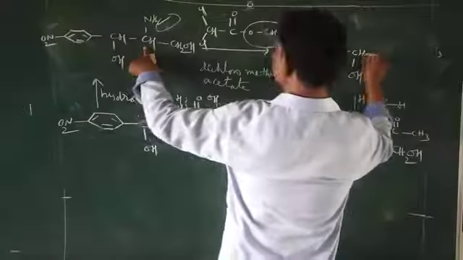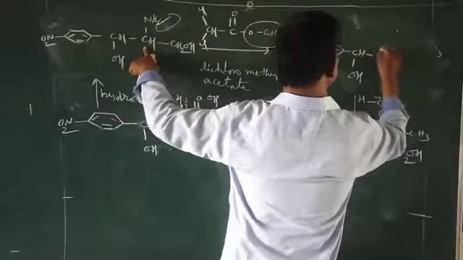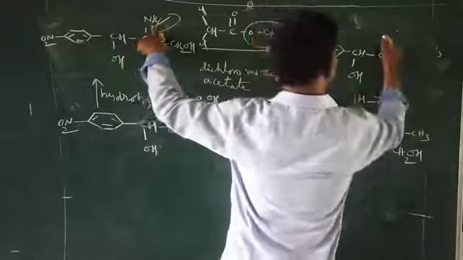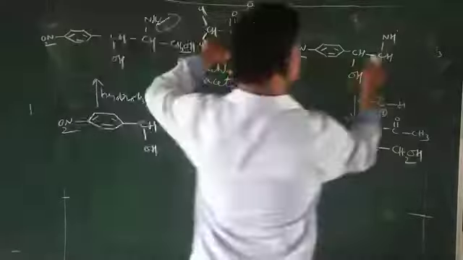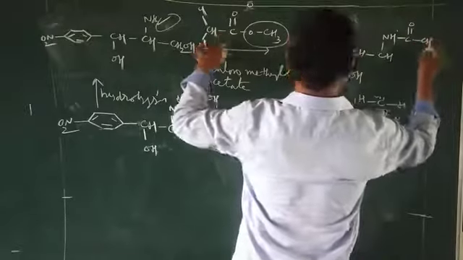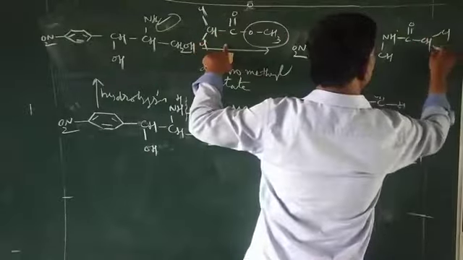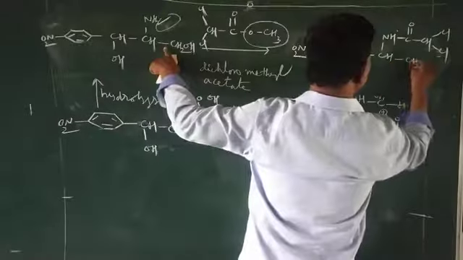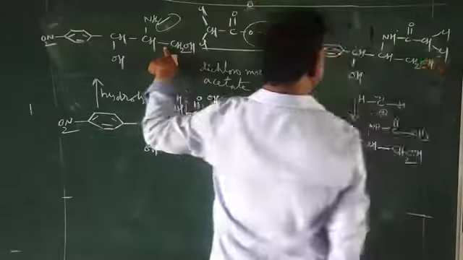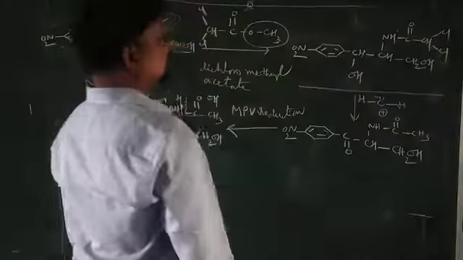The remaining portions: CH and bond NH, connected C double bond O and CH, Cl and Cl. And the remaining CH2OH alcohol. So this is known as chloramphenicol.